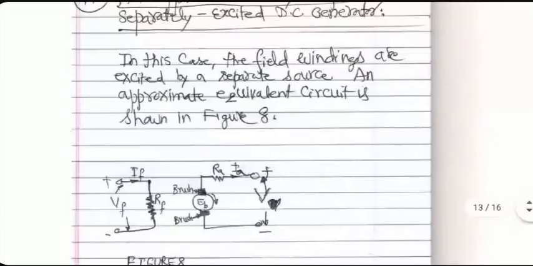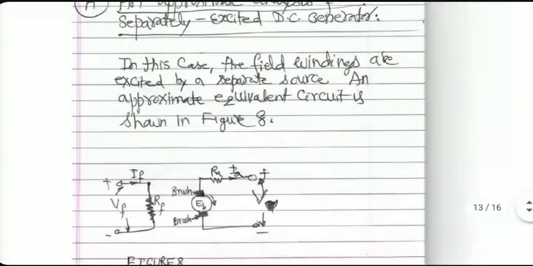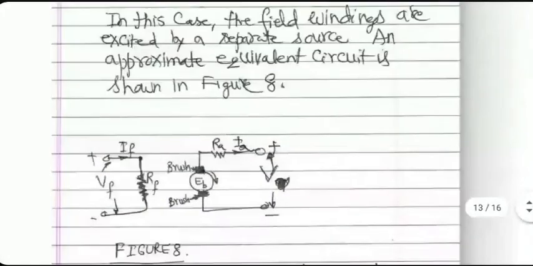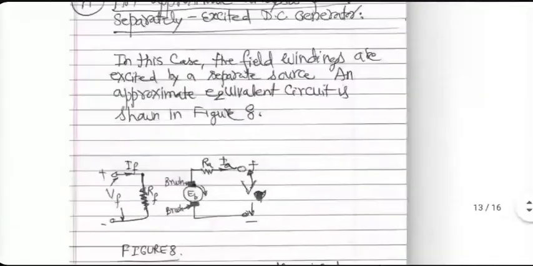And it is being fed by a separate source having DC voltage VF. And the field current produced is IF. Obviously, VF equal to IF into RF using Ohm's law. Field windings are independent totally in terms of excitation.